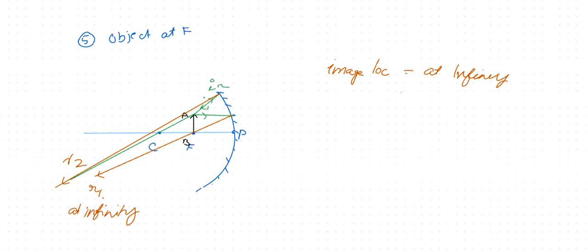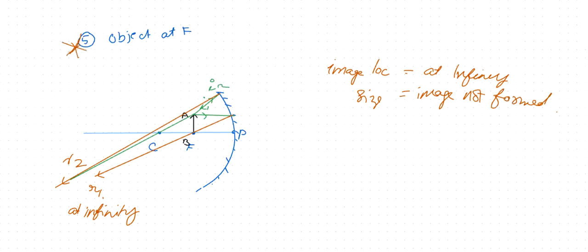Image will not be formed. Why? Because at infinity we don't know if they would ever meet or not. Image not formed. So this is one place where the image is not formed. Always remember this: object at focus will not have an image formed. Star this. This is a special case.